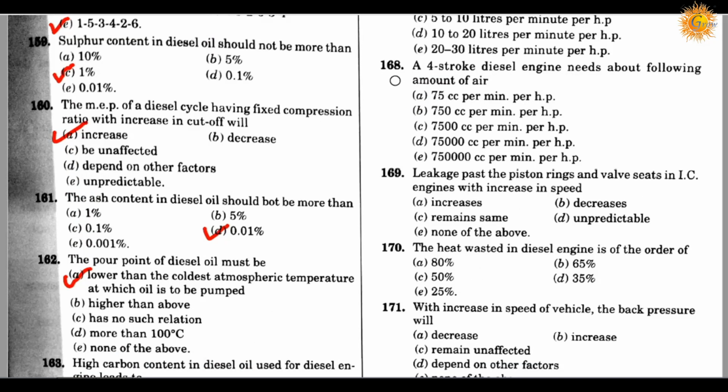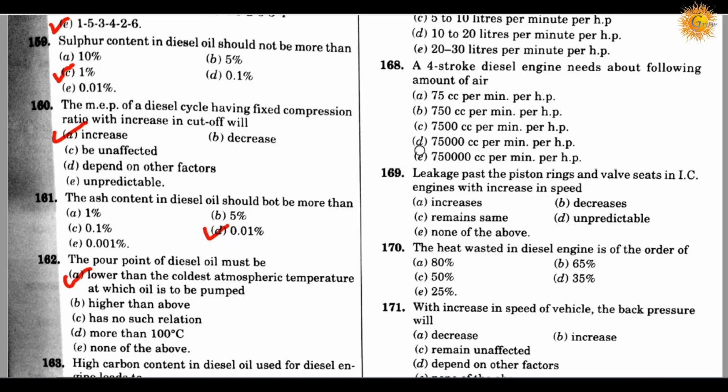Question number 168. A 4-stroke diesel engine needs about the following amount of air: option A 75 cc per minute per horsepower, option B 750 cc per minute per horsepower, option C 7,500 cc per minute per horsepower, option D 75,000 cc per minute per horsepower, and option E around 750,000 cc per minute per horsepower.